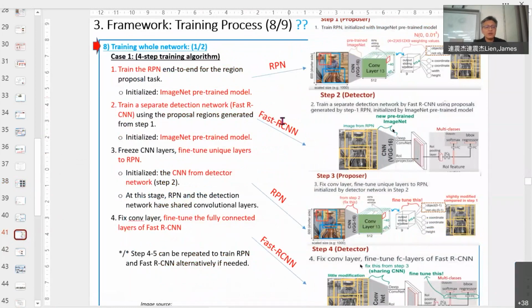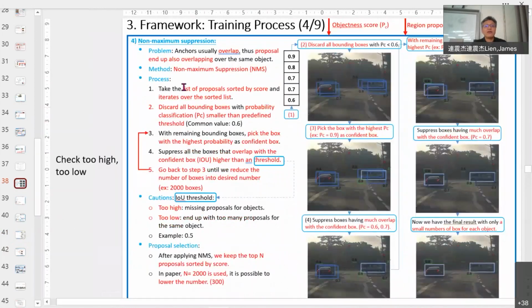Both of these will use non-maximal suppression. Why? When you do bounding box detection, you will need to use non-maximal suppression. Whenever you use bounding boxes, you will use non-maximal suppression. When you do the detection, if the object is here, there are many candidates that surround the object.